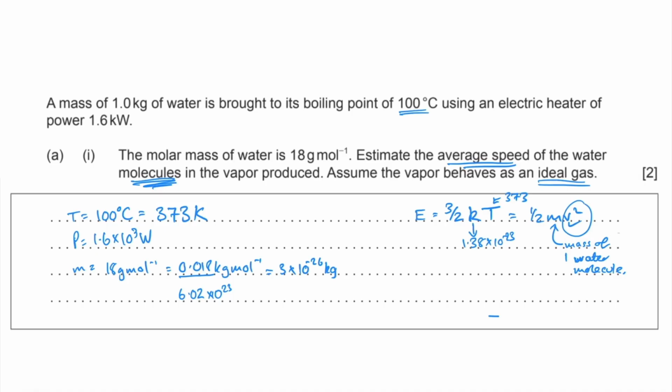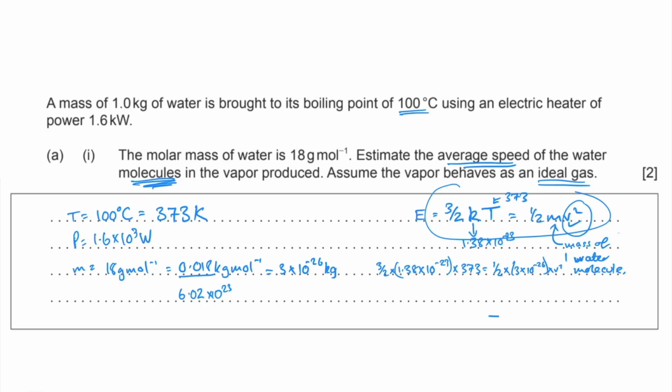That's about right. So we're going to take this formula and put everything into it. So 3 over 2 times 1.38 times 10 to the minus 23 times 373 equals a half times the mass, which is 3 times 10 to the minus 26, times v squared.